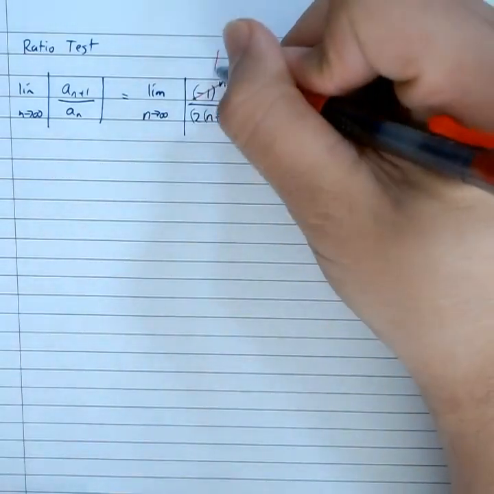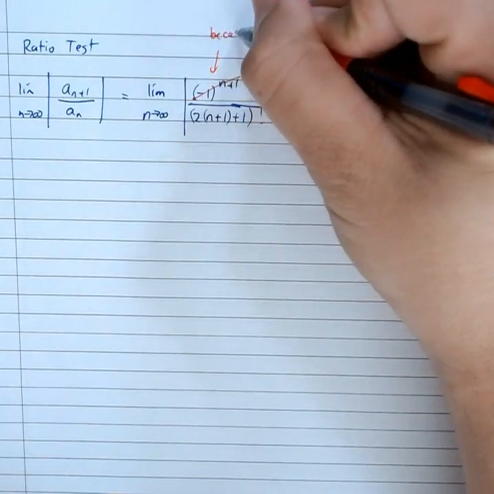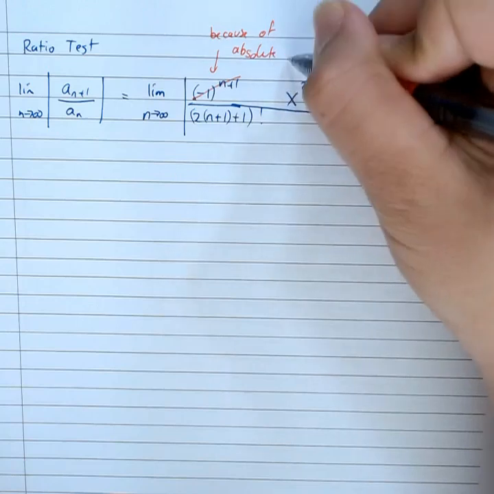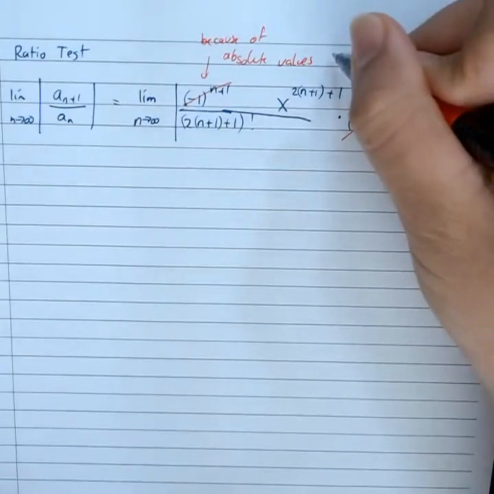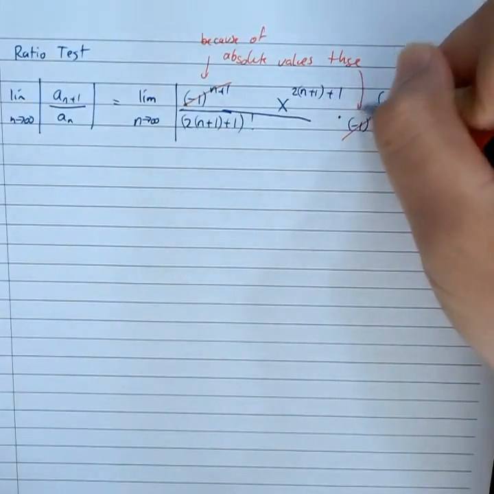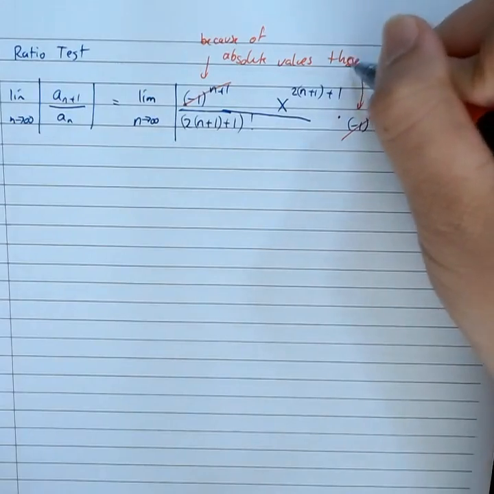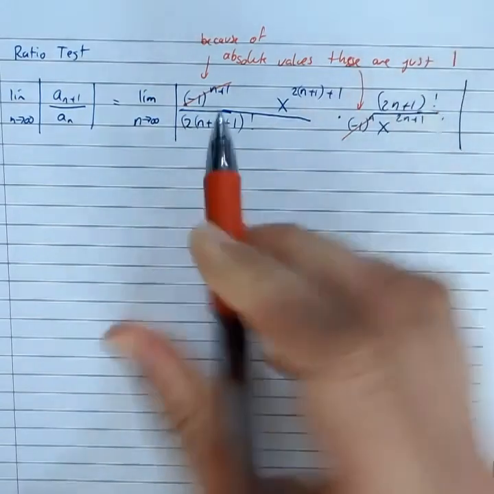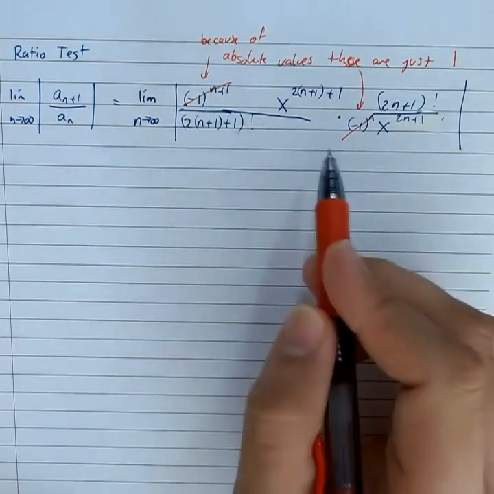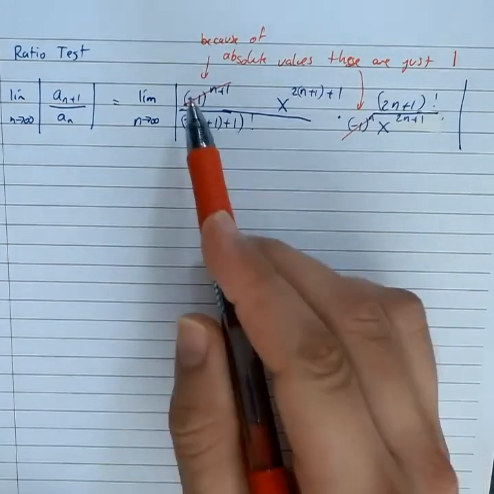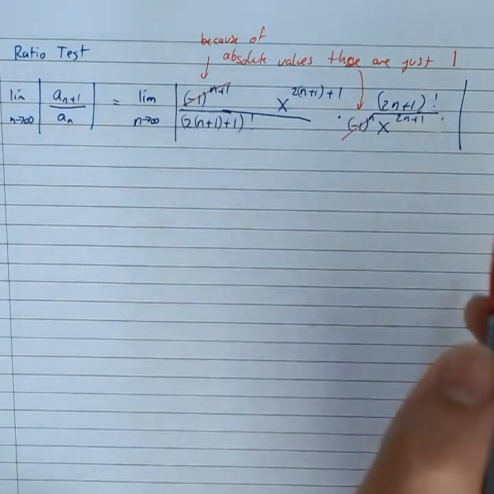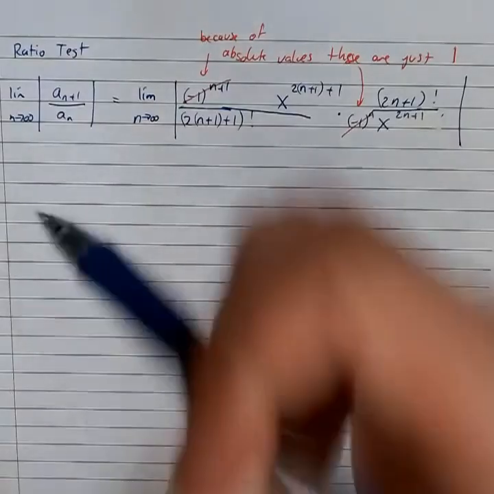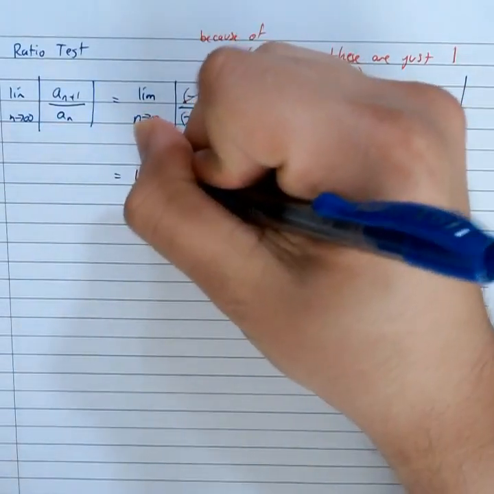Because of absolute values, these, and that includes this one, are just 1. Because here this would either be negative 1 or positive 1. Same thing here. But if they're either negative 1 or positive 1, and I'm taking the absolute values of everything, they're always just positive 1. So here I get a much nicer expression with fewer things in it.